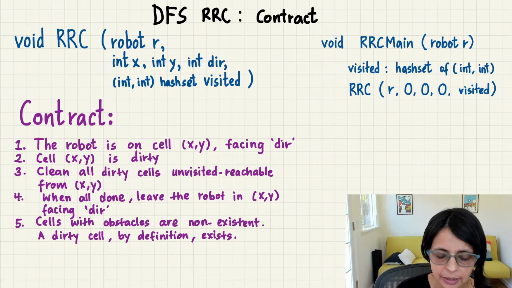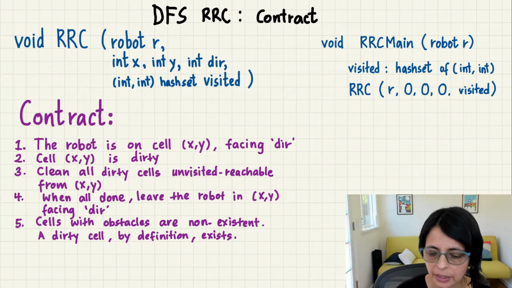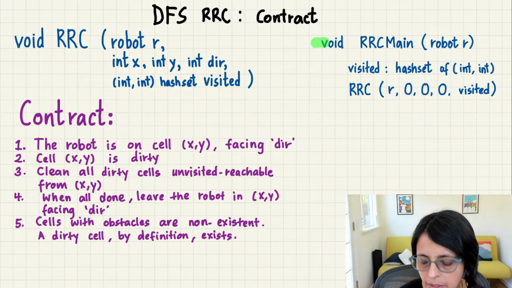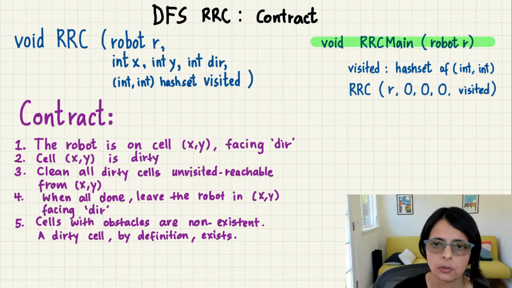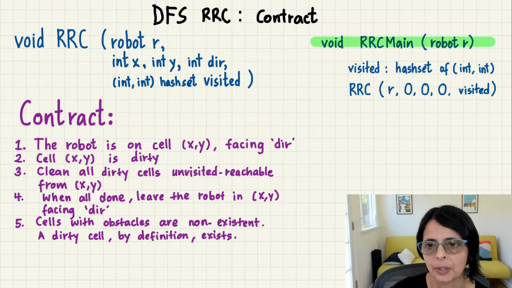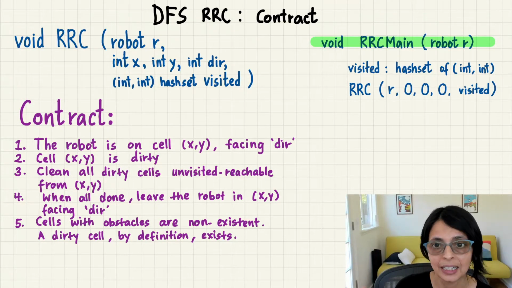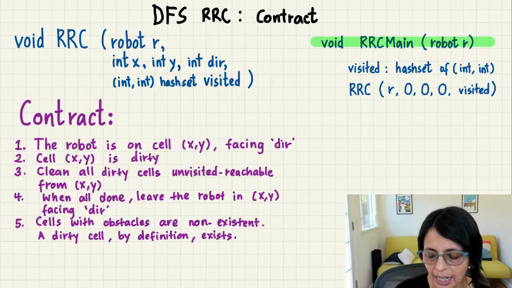Before we get to the recursive DFS bit, let's look at the outside bit. This one I'm highlighting here, the robot room cleaner main wrapper, because we need the main wrapper to declare and initialize visited. Visited is going to be a hash set of integer pairs.